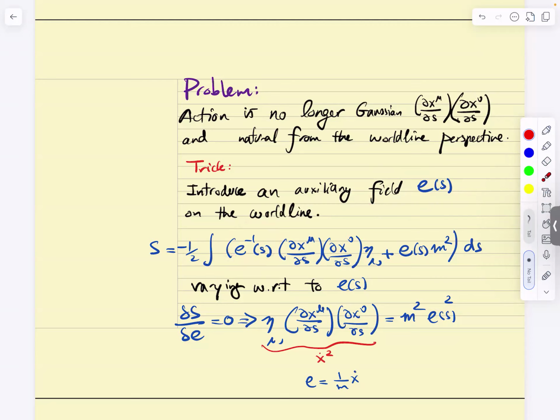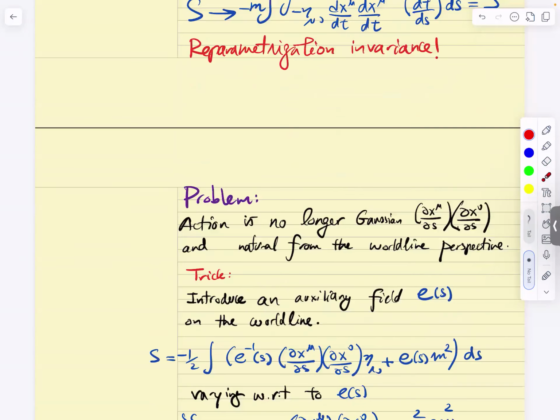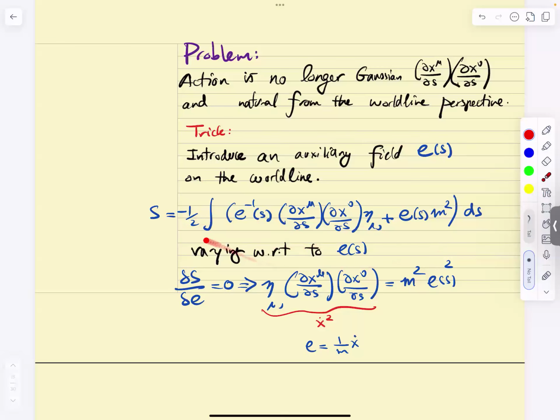It depends on s. Turns out you could write down the action that you wrote, this action, in the following form. I'm going to prove that to you guys in a bit. But let's first stare at this action. It has the nice kinetic term for x mu, as expected. And derivatives of e of s don't enter.